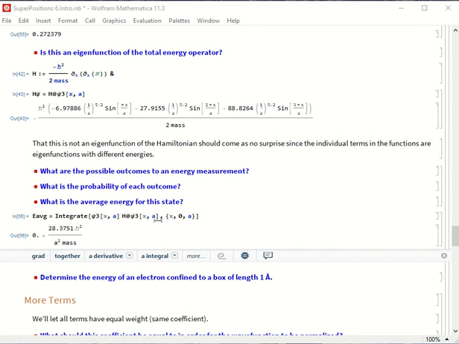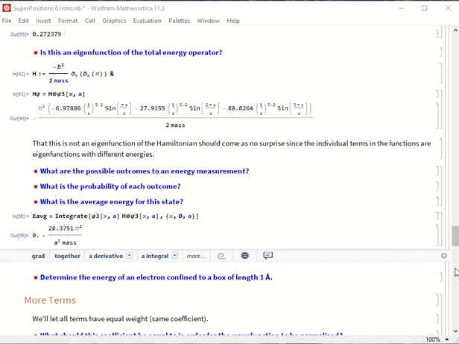So this is what we get. When we do that expectation value, we get this result here. There is a 0 in front of it. I am not sure why that is, but that's a result of the Mathematica computation. So this would be the average energy. You'll notice this has h bar in it, as opposed to our original expressions where we tend to remove the pi and just have h squared. So this would be the average of our measurements.